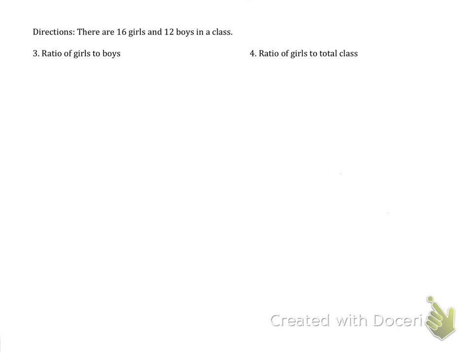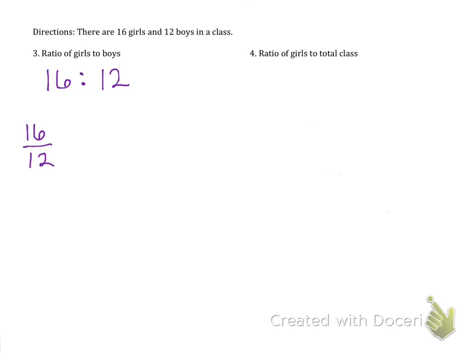Directions. There are 16 girls and 12 boys in a class. Number 3 asks us to write the ratio of girls to boys. So there's 16 girls, so it'd be 16. I'm going to write with the colon and then 12 boys. Now this ratio, 16 to 12, can be simplified. Think of the fraction. We could also write it like this, 16/12. How could we simplify that fraction?